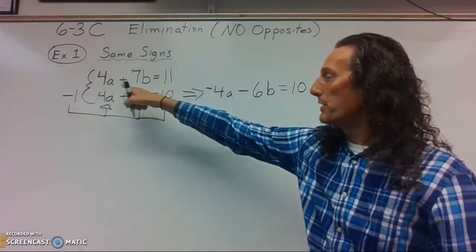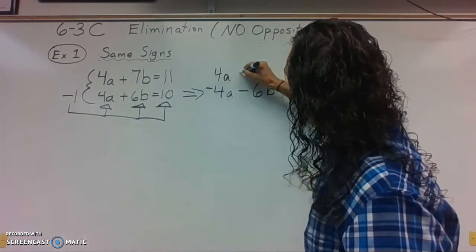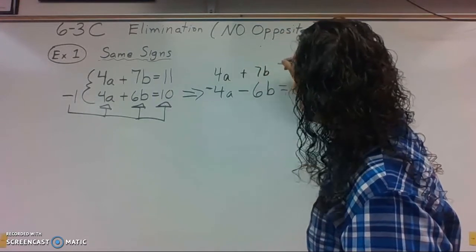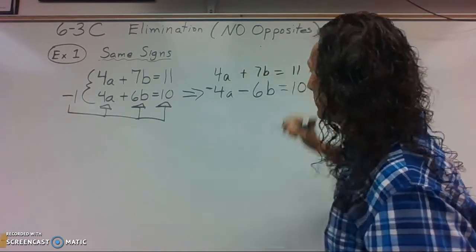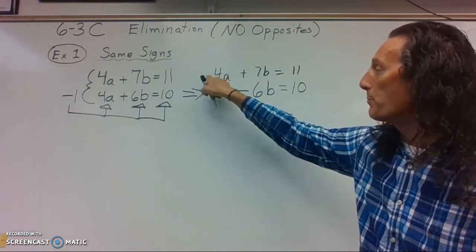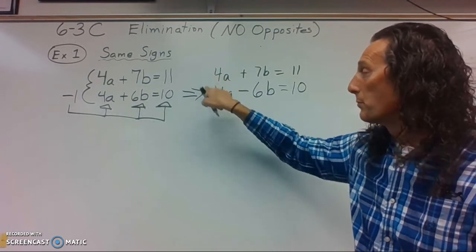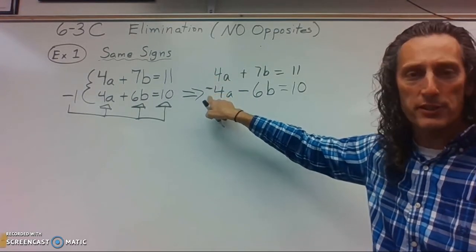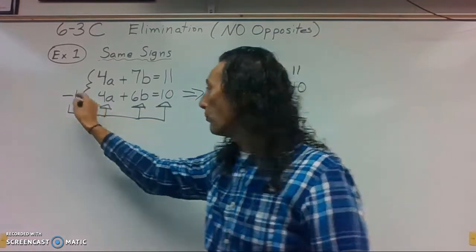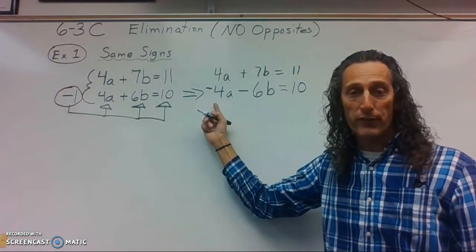And then I'm just going to copy this one right above it. 4a plus 7b equals 11. So now I have my opposites, right? I have the same number, but I have different signs. So you see how I use the negative 1 to get the different signs.